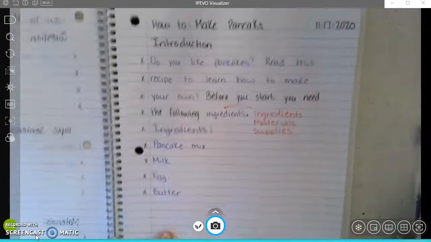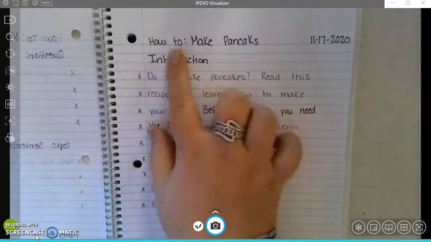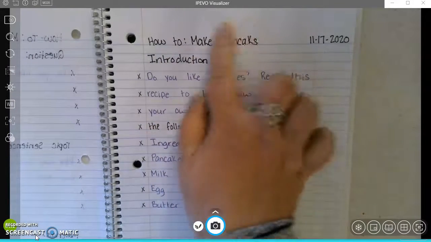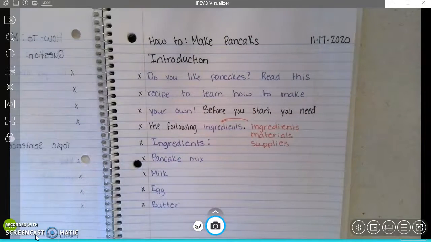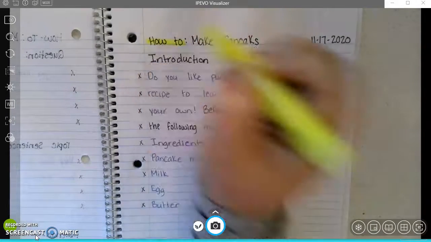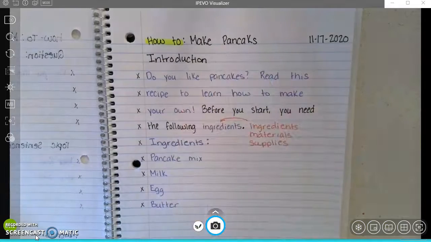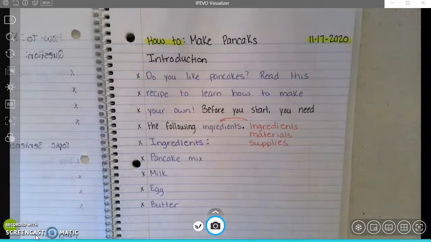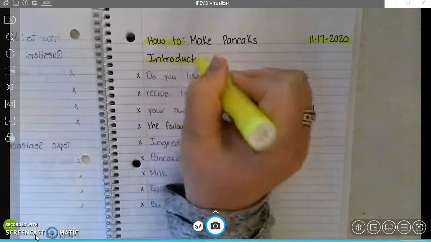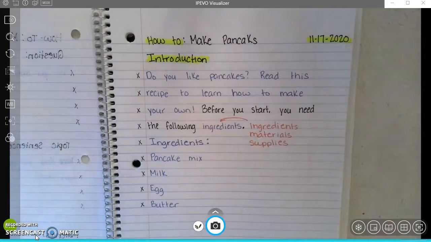So remember, you're starting your page, how to, your topic, okay? Your topic. I'm going to highlight. You have how to, your topic. You have the date on your paper, and then we're labeling this part our introduction, okay?